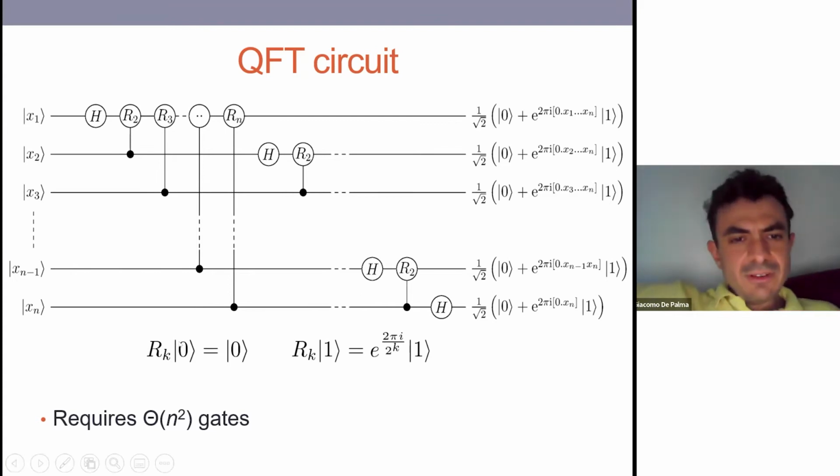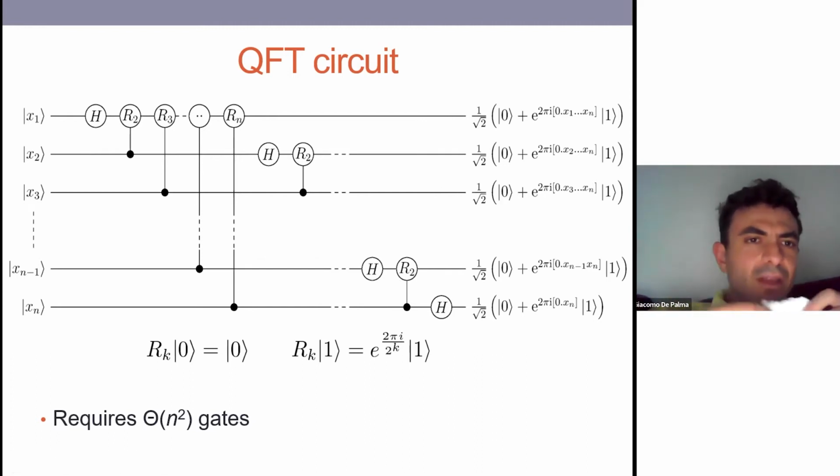So they leave the zero state untouched, and they add a phase of e to the 2 pi i over 2 to the k to the 1 state. So why does this circuit do its job? Let's check it.